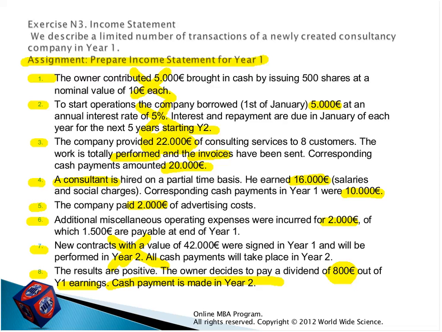He earns 16,000, and the corresponding cash payments in the year were 10,000. That means we paid only 10,000 of his whole salary, not the 16,000, in cash. But as this expense is already incurred, since he already has done his job, we must pay 16,000, and we have to record the whole amount of 16,000.